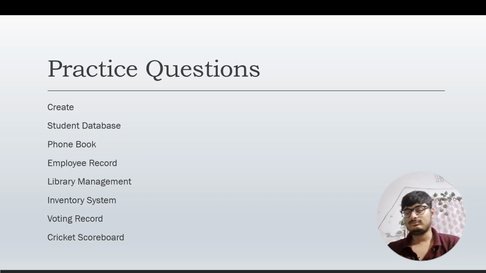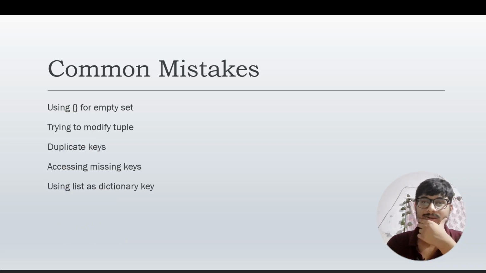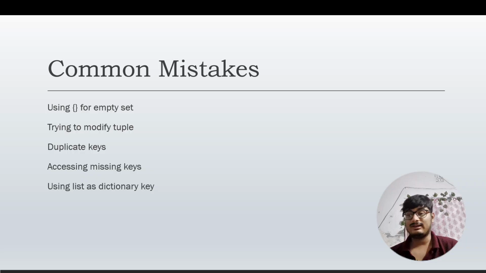Then here are the common mistakes. If we use curly braces for an empty set, it will be considered a dictionary, not a set. For it to be considered a set, you will have to use the set keyword.